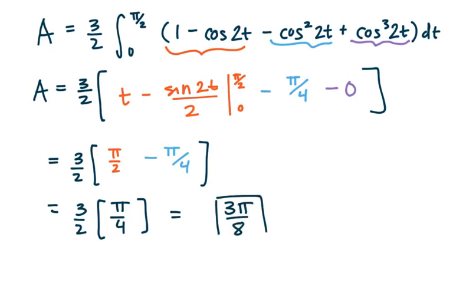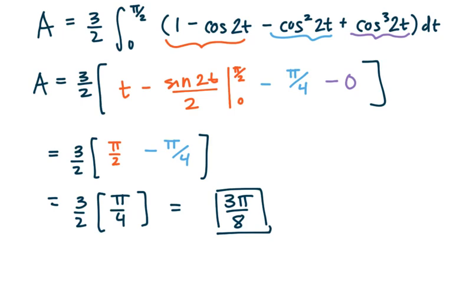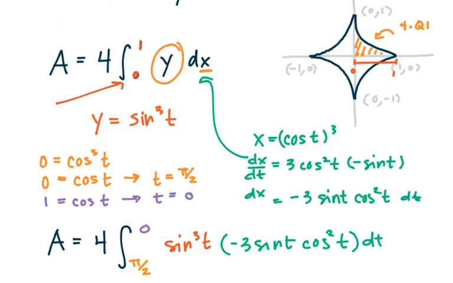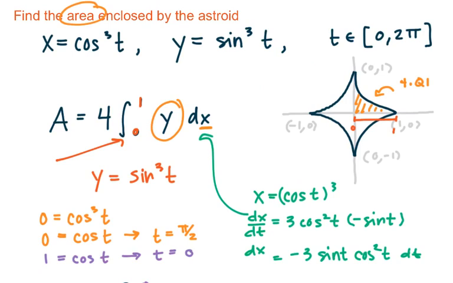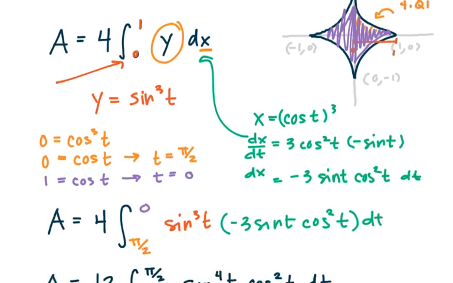That is the value for the area of the space enclosed by this asteroid. So all of this region that I've shaded in here, this curvy diamond, the area of that shaded region is 3 pi over 8.